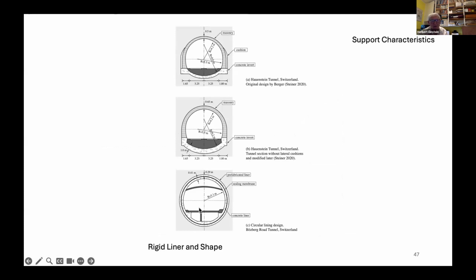And then this is a very new tunnel where they were successful purely with a circular tunnel, having an advantageous stress state, so that all these tunnels are basically rigid. This one didn't work because it was not sufficient, but here it works.